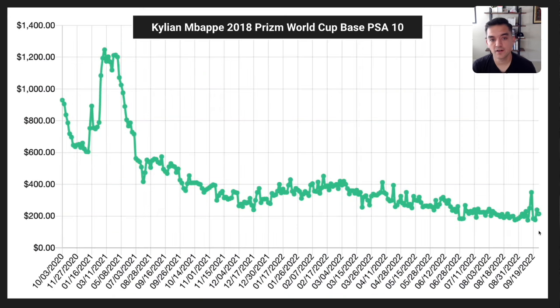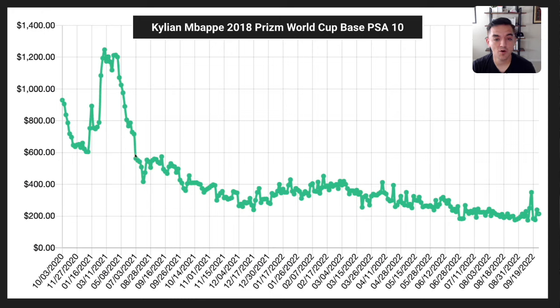And here's the Card Ladder price history for the PSA 10. You can see back in October of 2020, this card had gone up to almost $1,000, over $900 in a PSA 10 base. It dipped down to $600 in early 2021, and then a huge spike up to over $1,200 in the first quarter, March, April 2021.